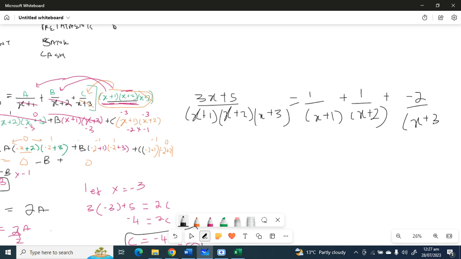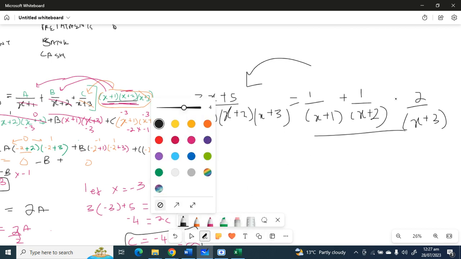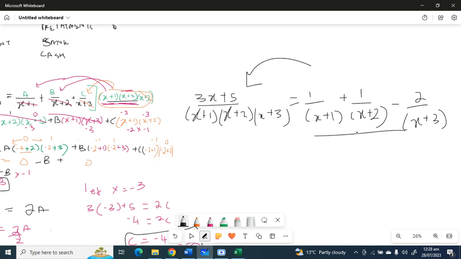So one way to check if your answer is correct is you can add these fractions here to see if they give you this answer. So our answer is 1 over x plus 1 plus 1 over x plus 2, and this positive and negative make negative, minus 2 over x plus 3. So that's how you do expressing fractions as partial fractions.